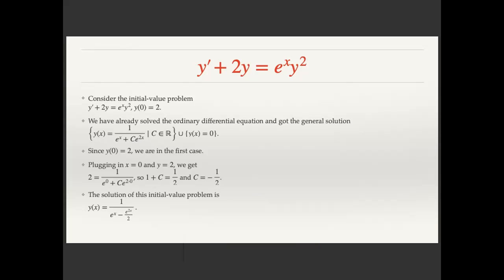As x approaches minus infinity, e to the x approaches 0, and you have 1 over 1 minus 1/2, which is 2. But as you're going forward, it's well defined all the way from minus infinity to 0, as you can check. And then to the right of 0, it's not defined for the entire positive half axis. It's only defined up to a point. And it's pretty easy to compute the value of x at which the solution has a vertical asymptote. It becomes infinite in finite time.